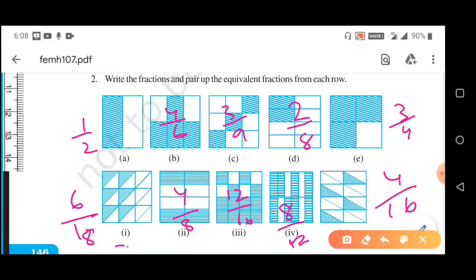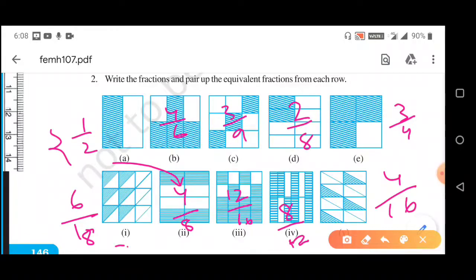Now we have to pair up the equivalent fractions. Now see, if we consider half, then half will be paired with point number 2, 4 by 8. We can multiply the numerator and denominator of half by 4 and we will get 4 by 8.